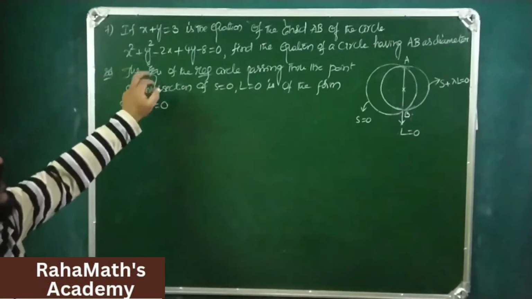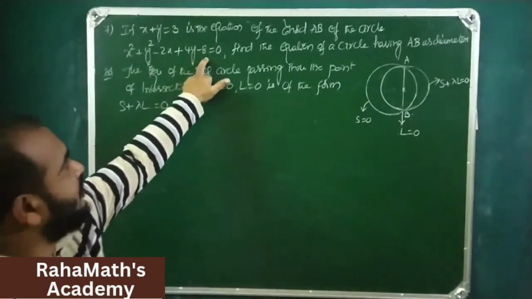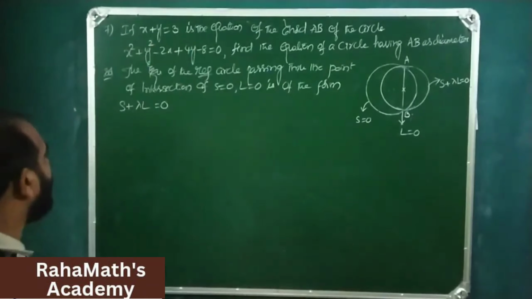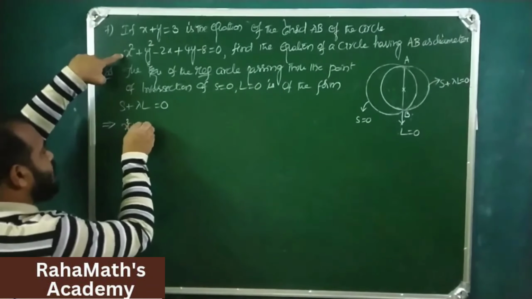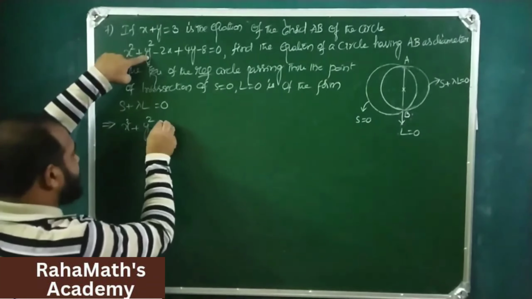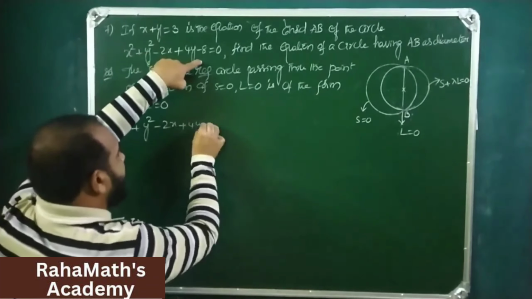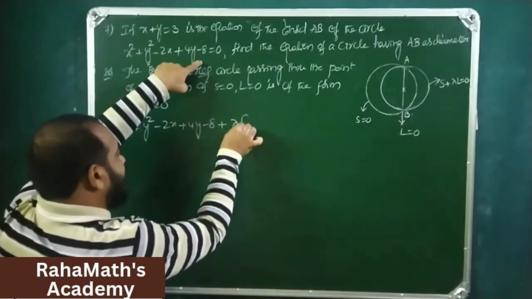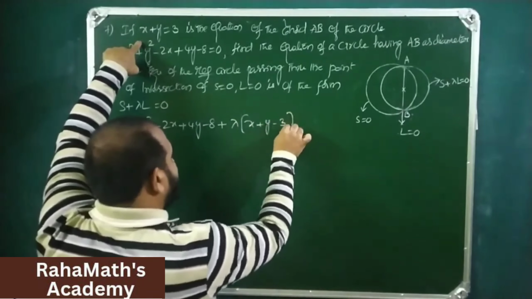So before that, you can write the given circle is this and the given line is this. Now S is x square plus y square minus 2x plus 4y minus 8, plus lambda into x plus y minus 3 equals to 0.